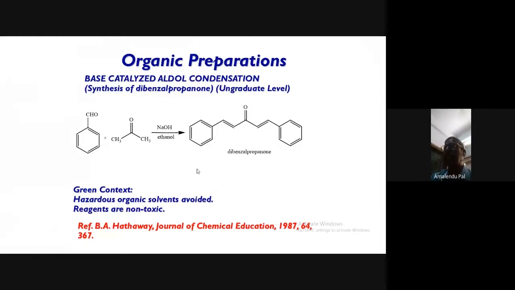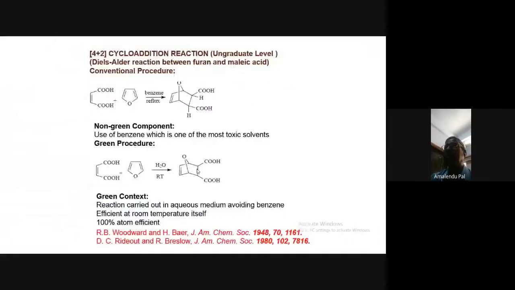Another example is the cycloaddition reaction, which we can introduce at undergraduate level, simply with furan and maleic acid. In benzene at reflux, as I told you most of the time, benzene is a very, very toxic solvent.